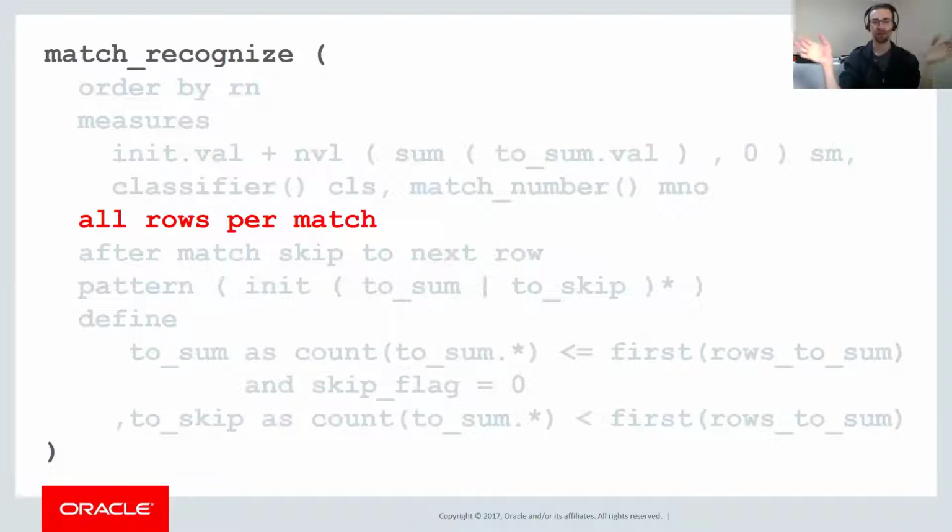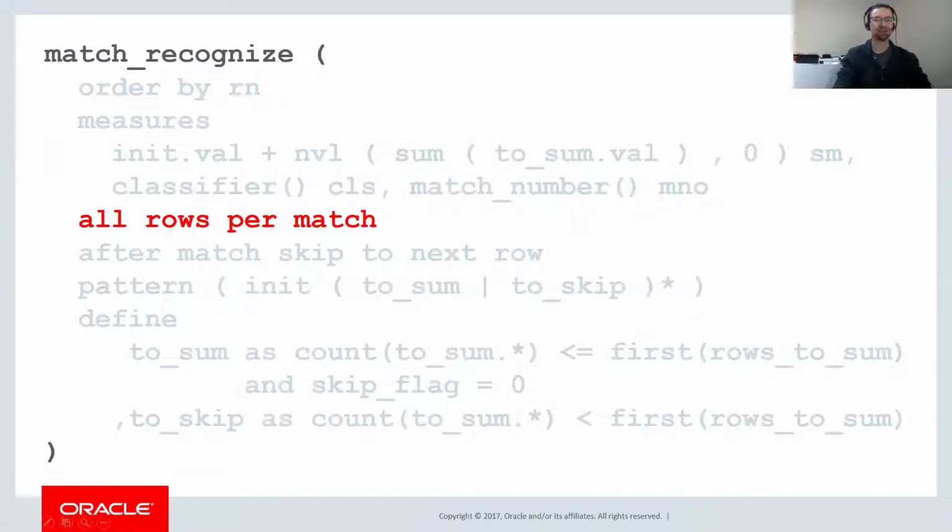With MATCH_RECOGNIZE, all the rows that go into the same pattern collapse together and you just get 1 row in the output, which is quite often what you want, and it is what we'll want as the final output of this query, the final report. But to help you debug and figure out what's going on, it's really useful to have this ALL ROWS PER MATCH clause so you can see what's going on and work out what the problem is.